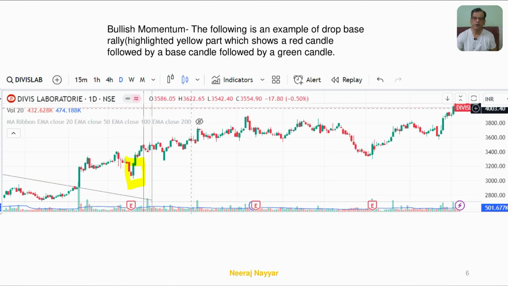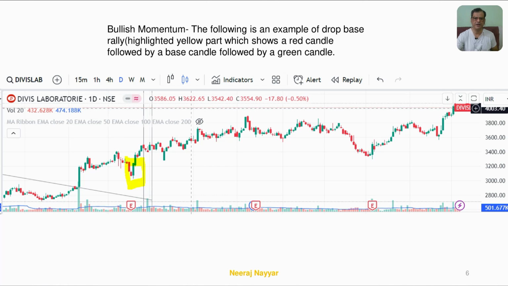Now, let's take actual chart examples where we can see this. So, bullish momentum. The following is an example of drop. Can you see these red candles? It's dropping. Then you have only a one bar consolidation, and then you have a green candle here. So, this is drop, you have your red base, and then you have a rally.